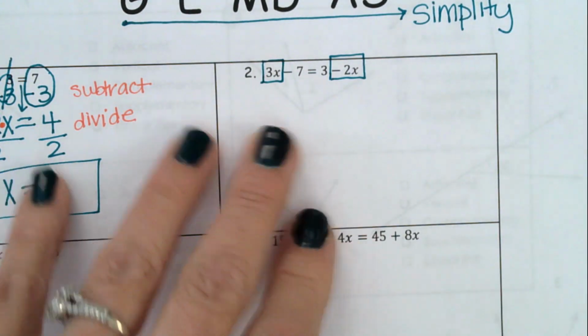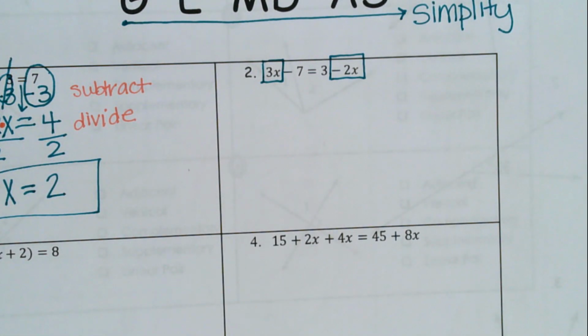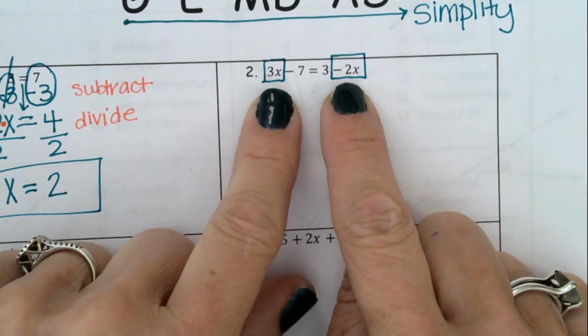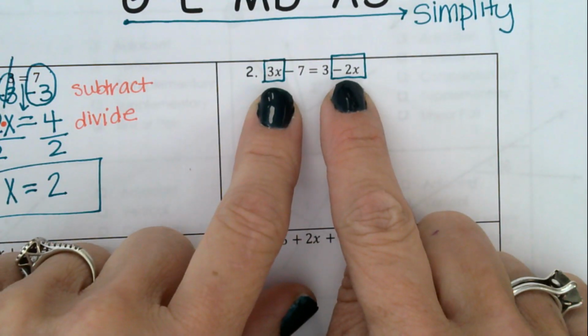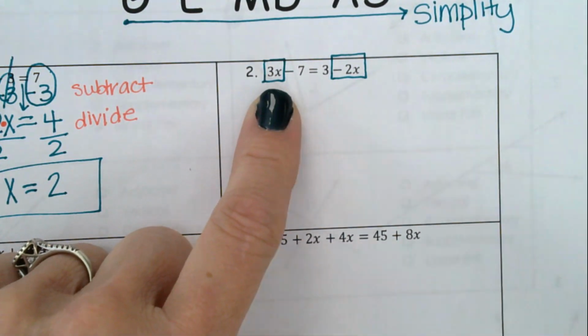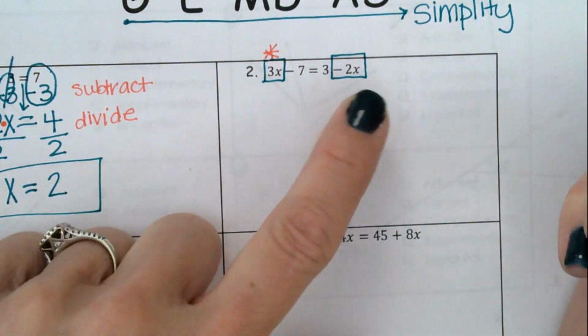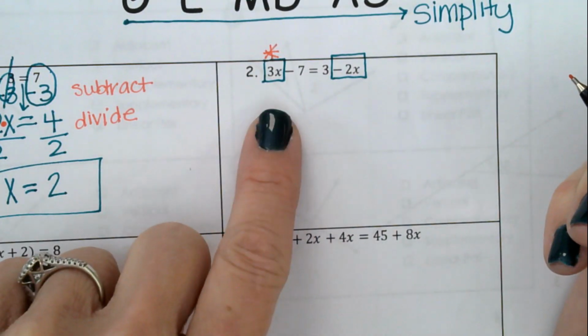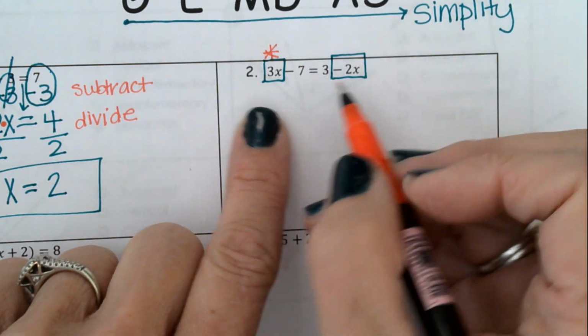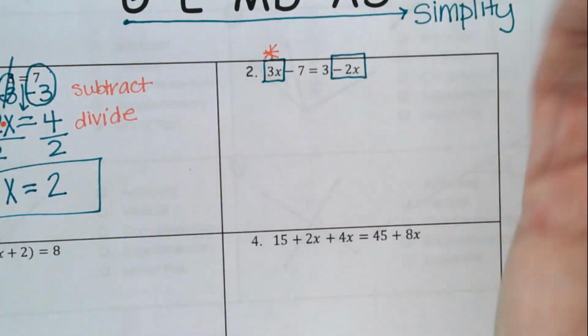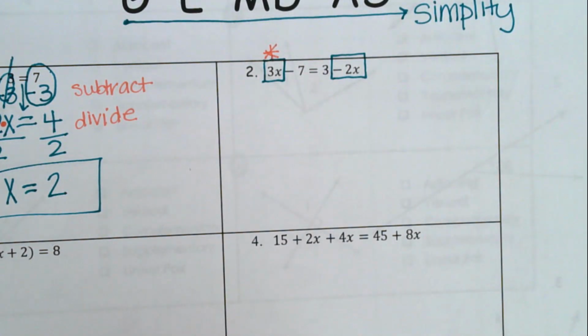So, isn't the older sibling always in charge? Yeah. So, if these are siblings, go with me here. Which one's bigger? The 3 is bigger. So I have to move my 2x to the other side of the equation. The big sibling is going to pull the little sibling along.